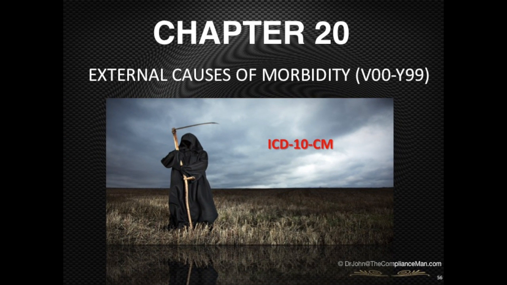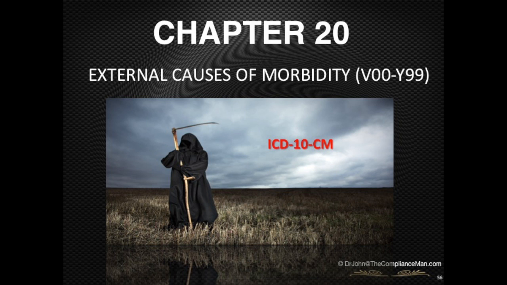Now, the next slide talks about Chapter 20, External Causes of Morbidity. This is an interesting chapter and very easy to understand because it has very little impact on you as a chiropractor.